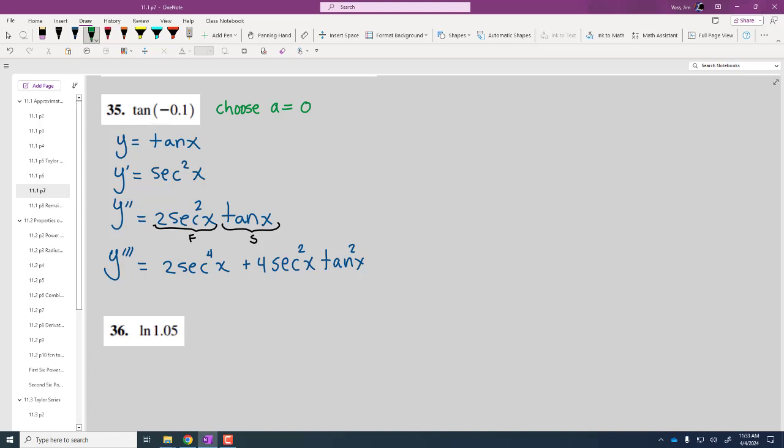Another choice we could pick, we know tangent of pi over 6 exactly. So you could pick pi over 6, but 0 is closer. Or negative pi over 6 you could pick, but 0 is still closer. Okay, now we evaluate the function and its derivatives at this center. So y of 0, tangent of 0 is 0.